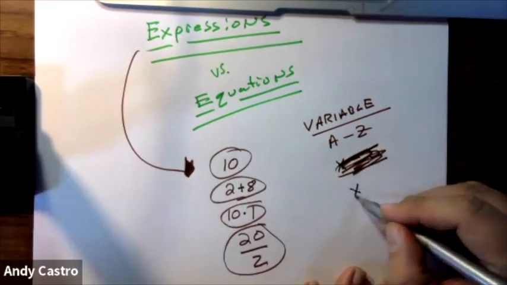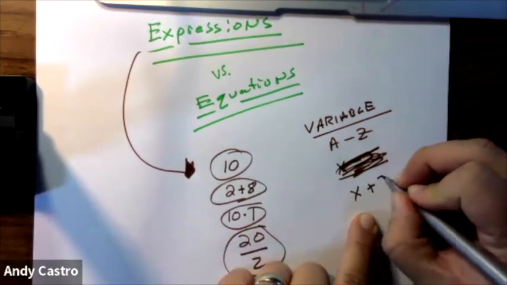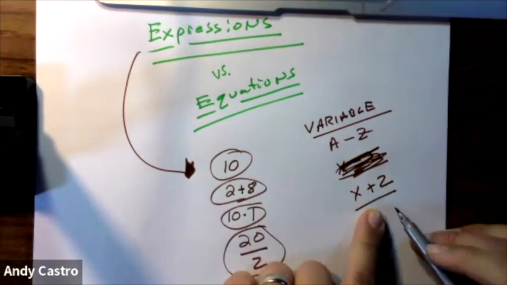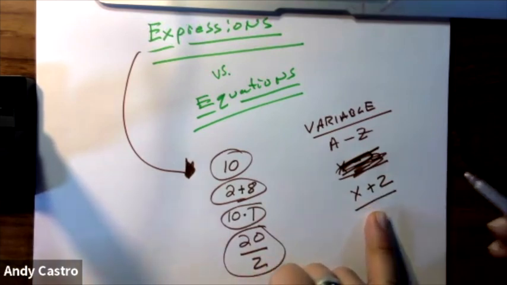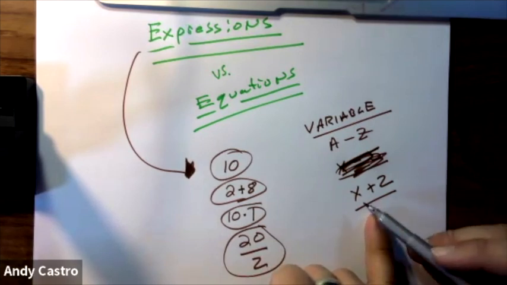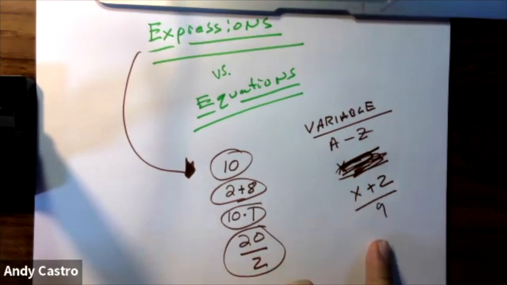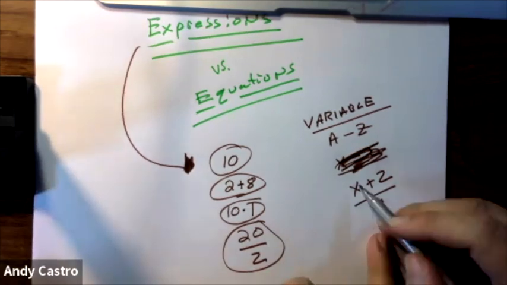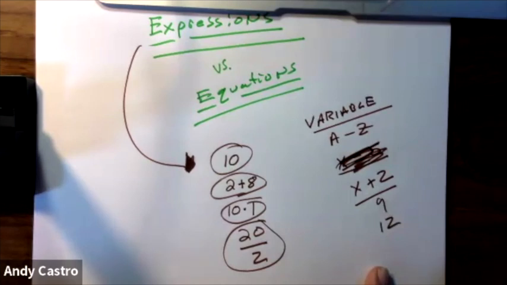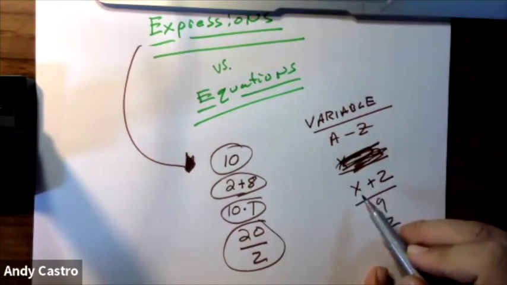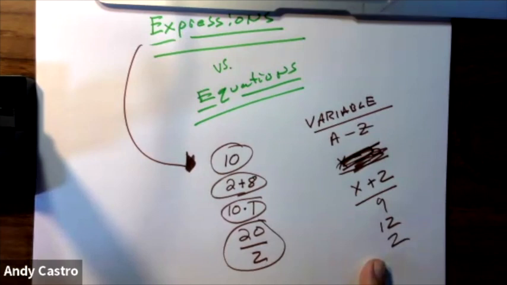We're going to use the letter X. So if I say X plus 2, that is an expression. But X could be anything. If X was 7, then this expression would be 9. If X was 10, then this expression would be 12. If X was 0, then this expression would be 2.